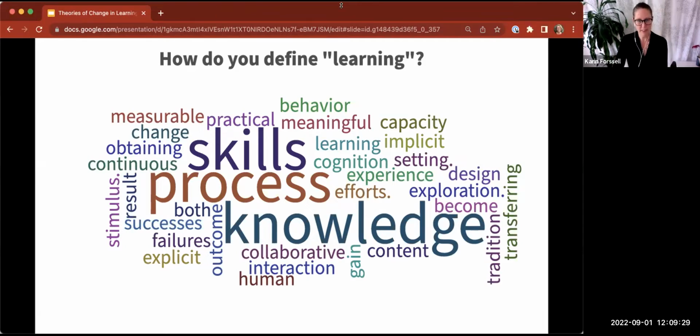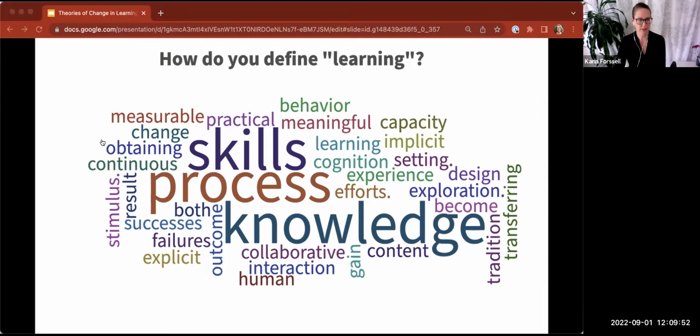Some improvement, cognition, behavior, measurable. Great feedback. I really like a lot of these words. They are happy words for me because I really love to see learning. So I'll share with you what my definition is, and then I'll explain why I was asking.